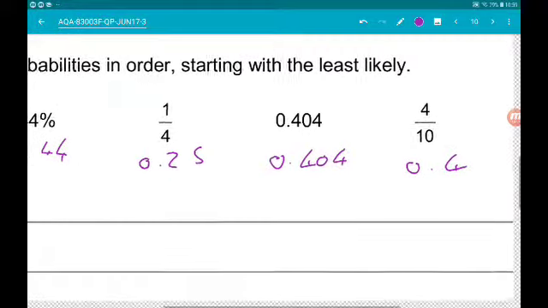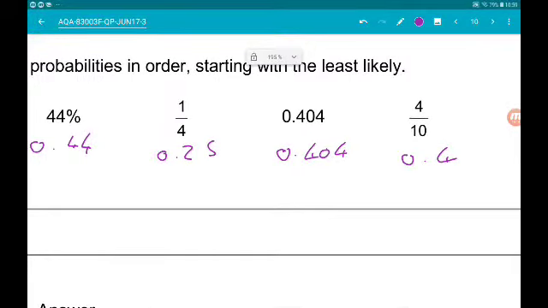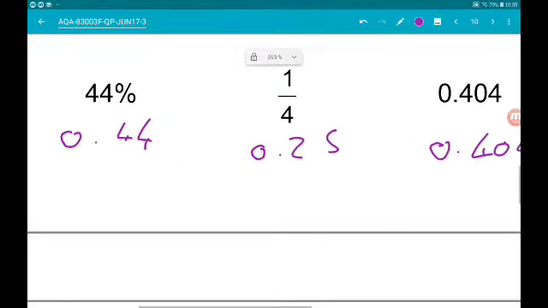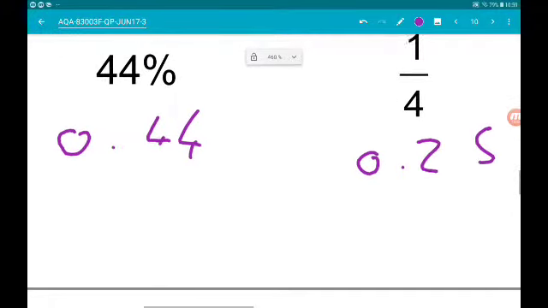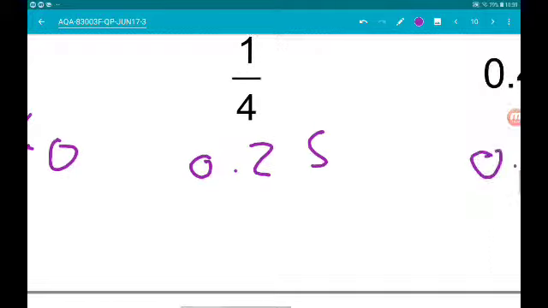Now when you've got decimals and they have a different number of decimal places, so here 0.404 has 3 decimal places, causes a lot of confusion, I know. Make it so that they all have the same number. So we can just put zeros after decimals and it doesn't change anything.